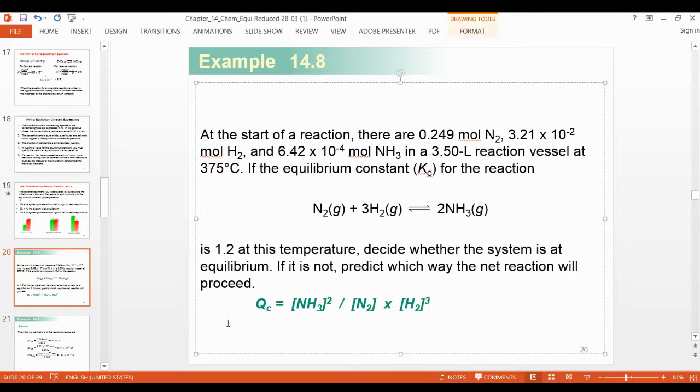So this is the way to write the Qc, because for the initial concentration you will not write Kc, remember that.